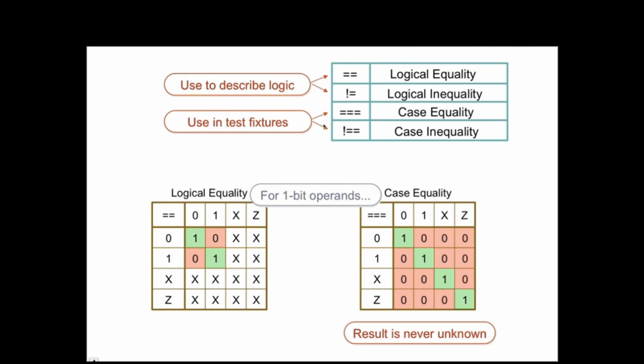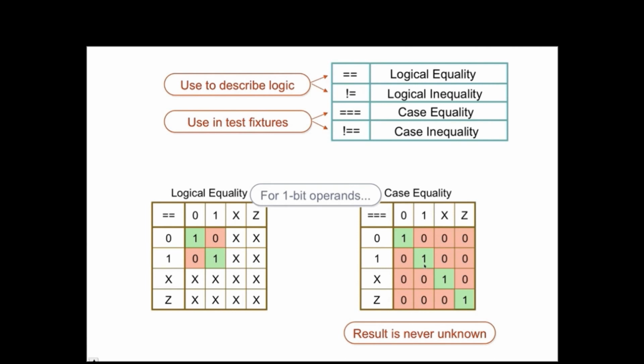So that's where you would use something like the triple equals and the exclamation point double equal here, because what you're really getting is an exact matching function.